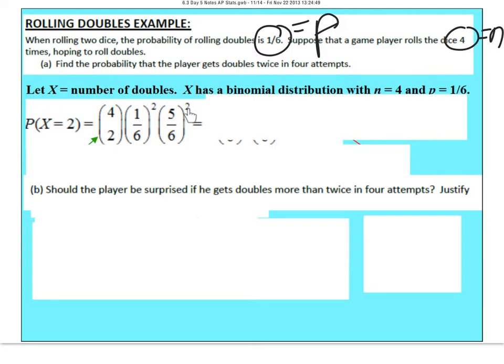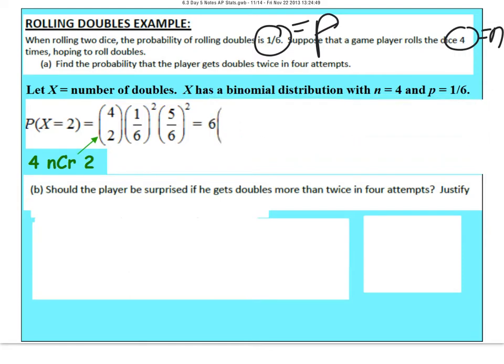To make up the 4, there has to be 2 failures in this one. Now this in your calculator is going to be the nCr, so what you would type for this one is 4 nCr 2. When you do that typing, you actually get 6. So I'm going to do 6 times 1/6 squared times 5/6 squared, and I'm going to get the probability, which we could have gotten longhand.